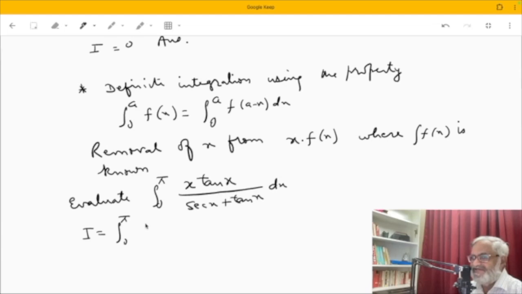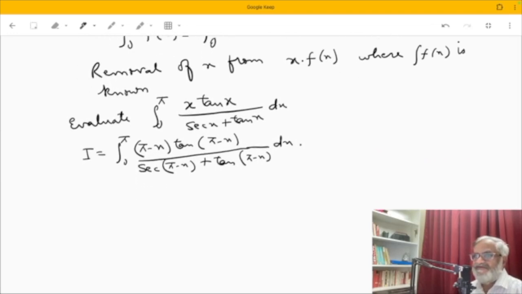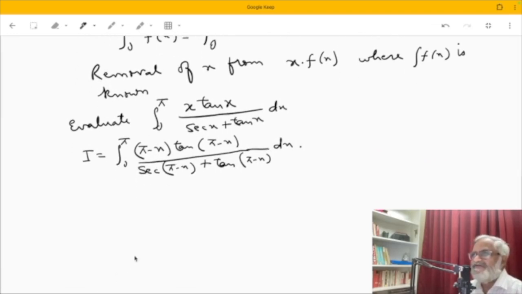In place of x, write pi minus x: pi minus x tan of pi minus x upon sec of pi minus x plus tan of pi minus x dx. This is our relation number 1.